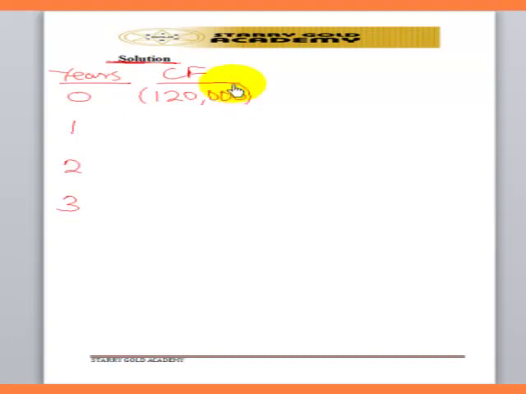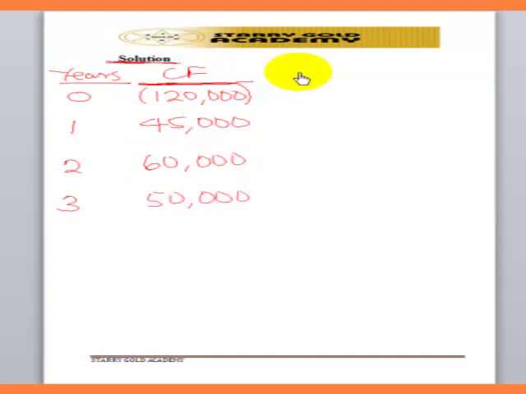We always put the value in year 0 in brackets because it represents the initial capital outlay. Then in year 1, we have the profit to be 45,000. In year 2, we have 60,000. In year 3, we have 50,000. Then we have our discounting factor at 10%.